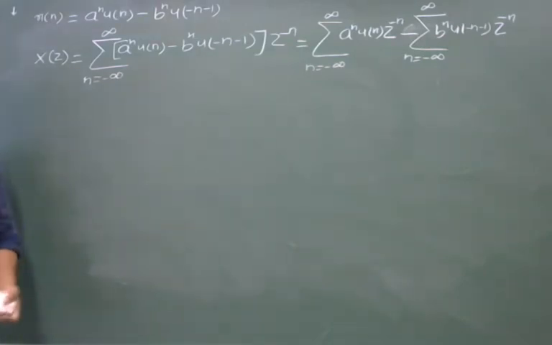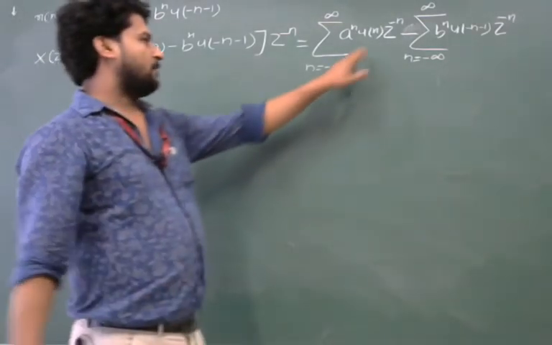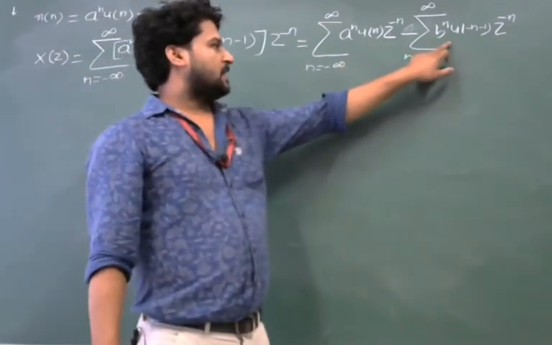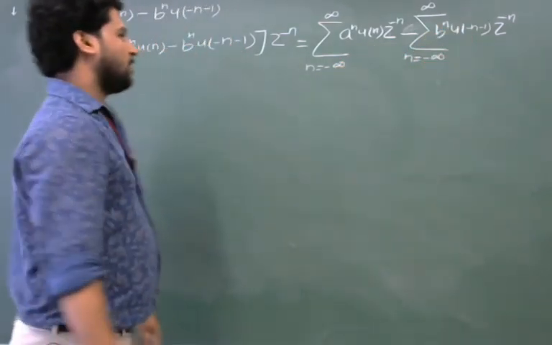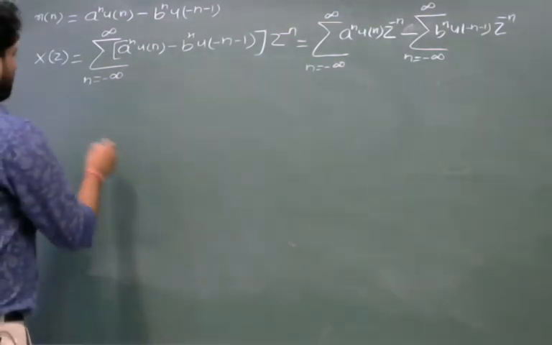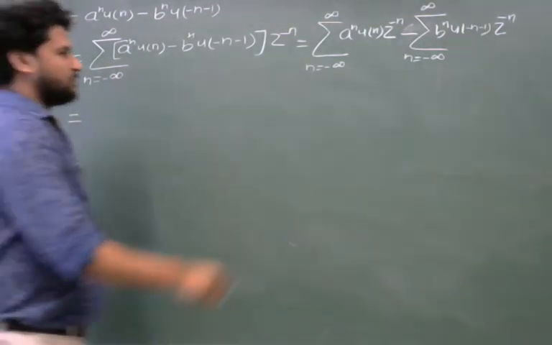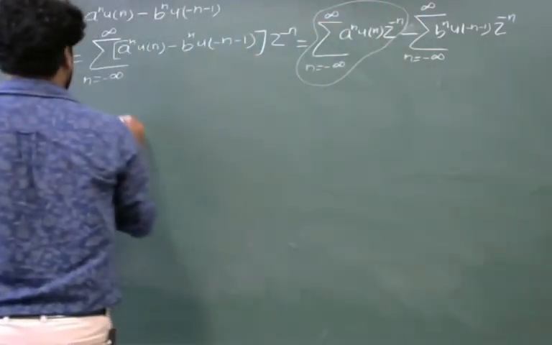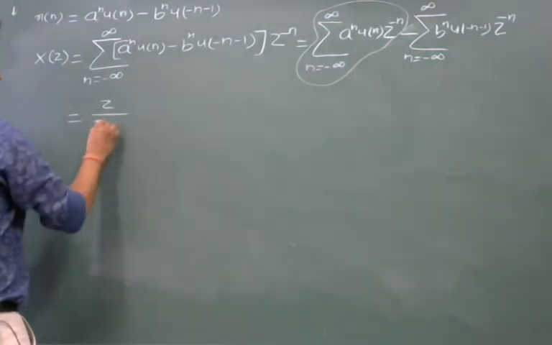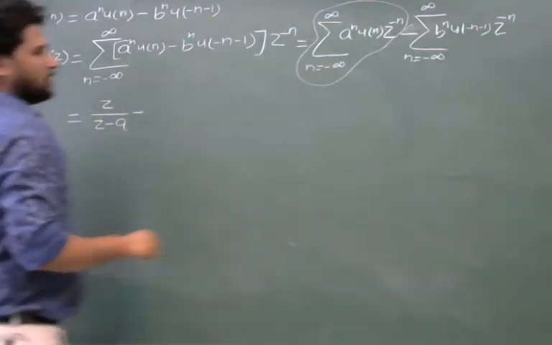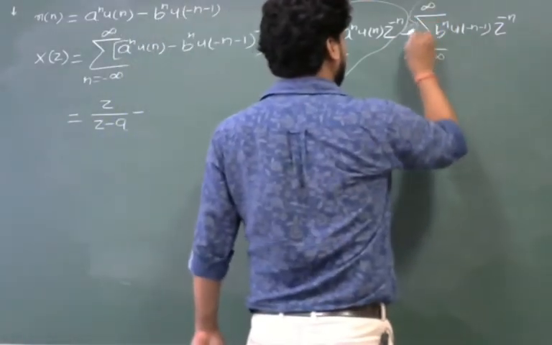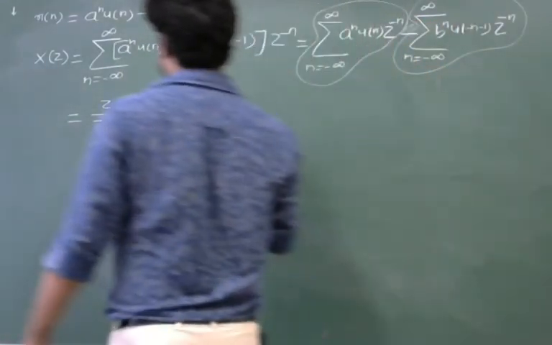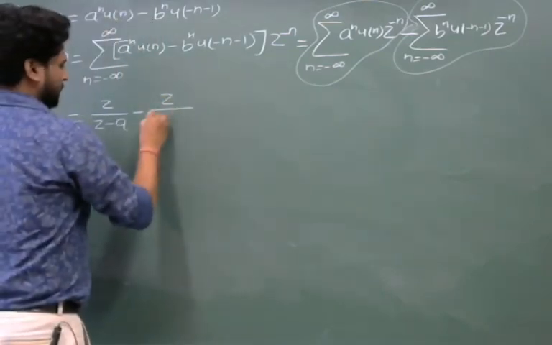We can find the Z transform for those two given signals separately. We will get the Z transform for a^n u[n] minus the Z transform for b^n u[-n-1]. As we saw earlier, the Z transform for this will be z upon z minus a, minus the Z transform for this, which will be z upon z minus b.